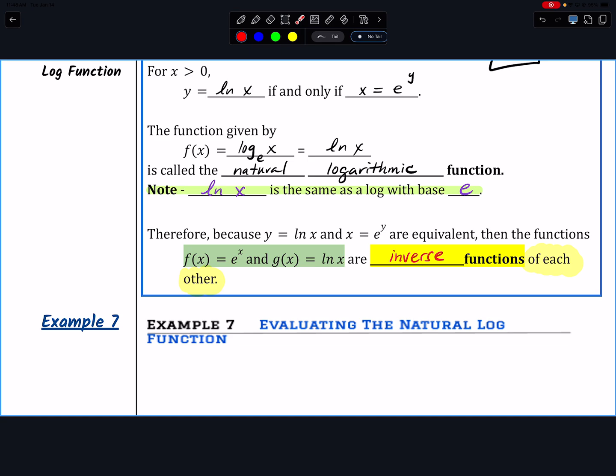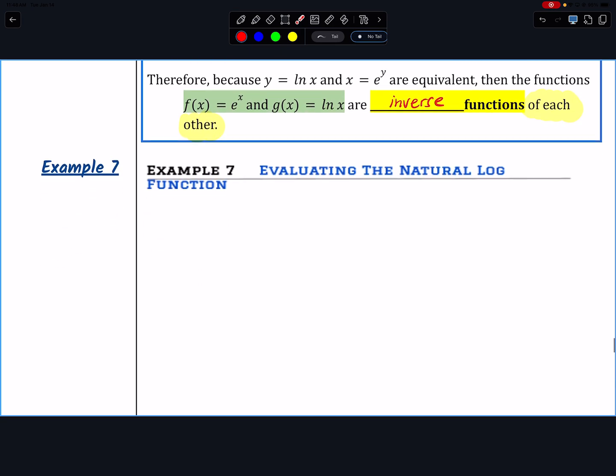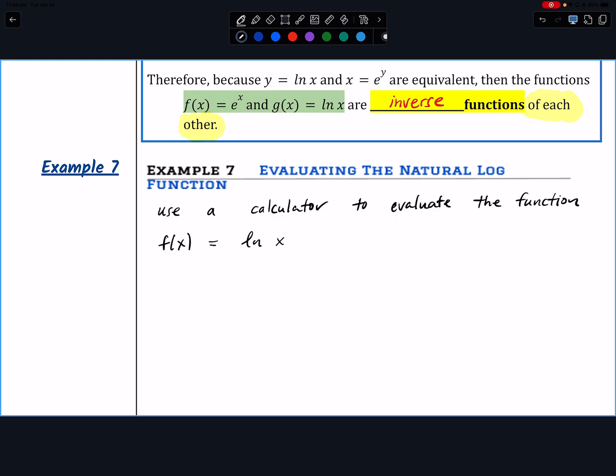All right. So let's practice using our calculator. So we're going to use a calculator to evaluate the function f of x is equal to ln of x plus 2 for each value of x.